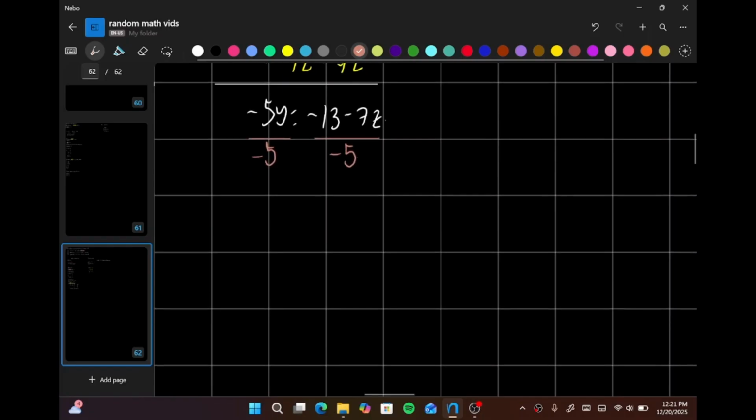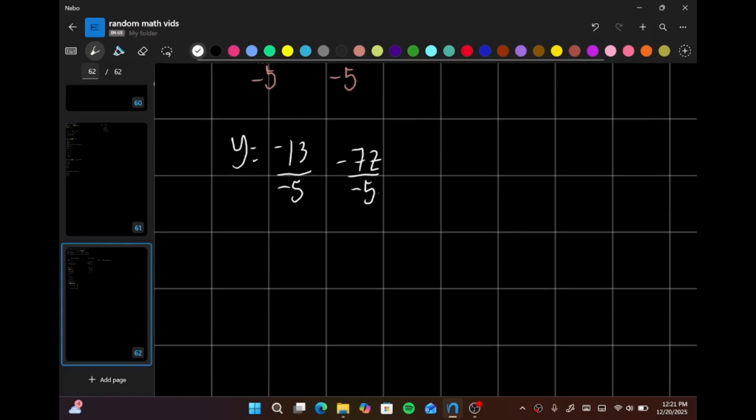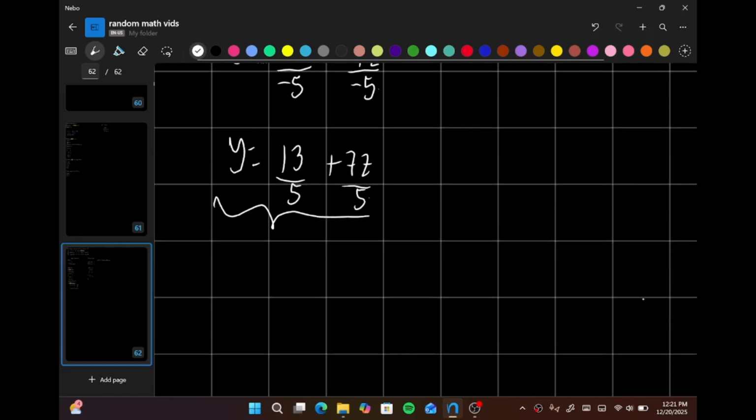So what this is going to do, we're going to have y equals negative 13 over negative 5 minus 7z over negative 5. Both of these are going to turn positive. So we're going to have y equals 13 over 5 plus 7z over 5, which all in all equals y equals 13 plus 7z all over 5.